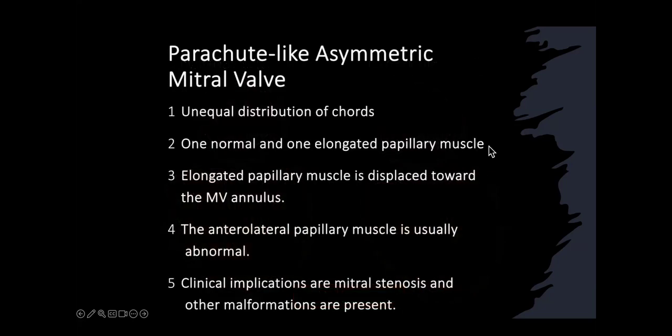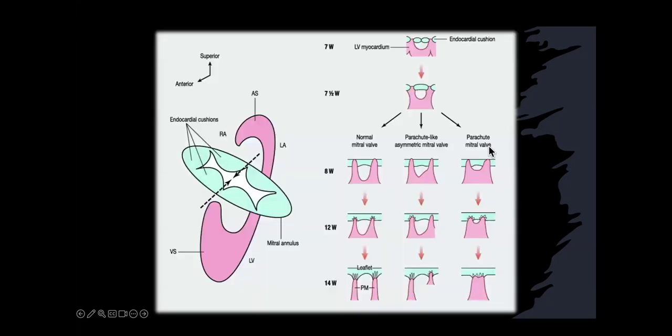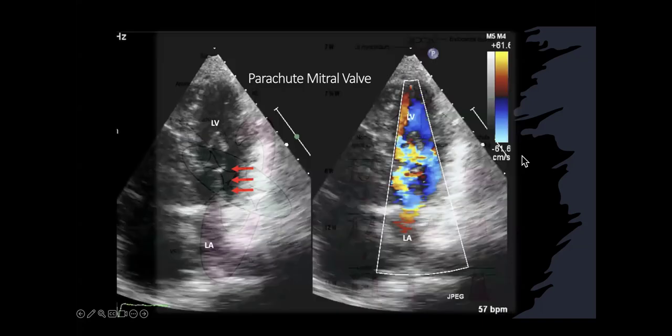There are classifications which I would not go into in detail. What I want to tell you is that you have to have a single papillary muscle. In case there are two papillary muscles and the other is rudimentary, then you call this condition a parachute-like mitral valve asymmetry. It's not a true parachute mitral valve.